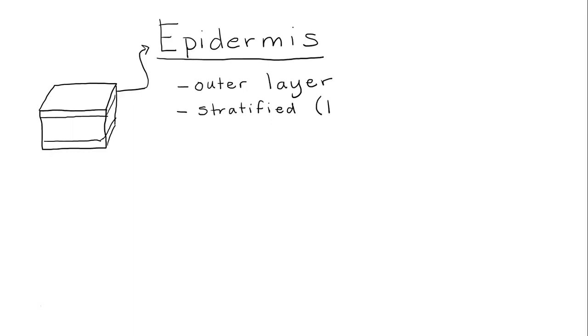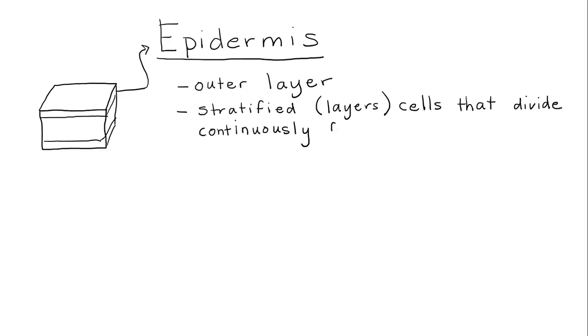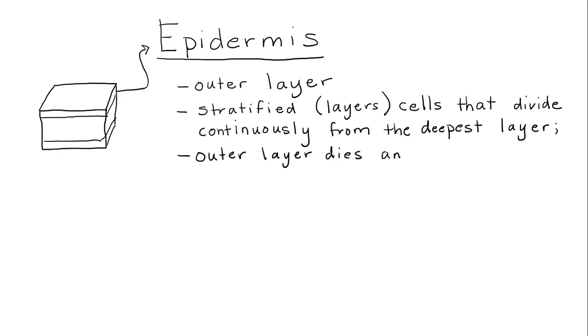And the epidermis is stratified, which means it is layered. And the cells are found in layers. These cells continuously divide from the deepest layer, and they push the outer layers towards the surface. And then the outer layers die and slough off as new cells are produced from underneath.